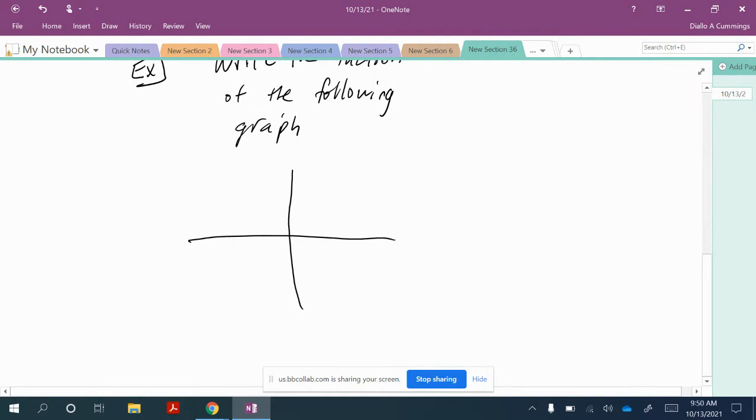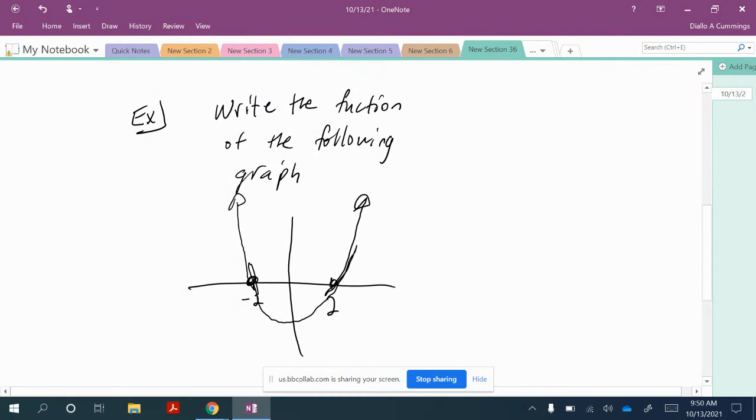So here we have an x and a y coordinate. Here we have -2. Here we have +2. I'm not going to be all elaborate on the graph. I'm just going to draw a U-shaped graph, and it's supposed to pass between the points -2 and +2. All right, and we're asked to simply write an equation for the following graph.